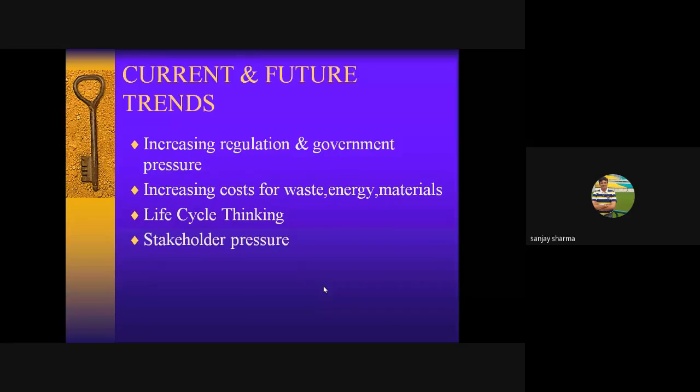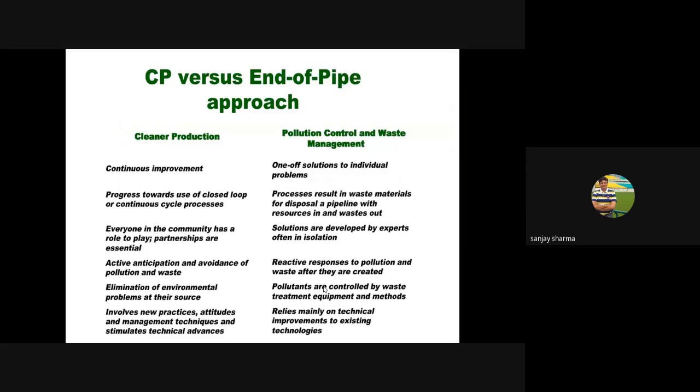Current and future trends: as I said, there is increasing regulation and government pressure, and a lot of pressure on industries. Then there is increasing cost of waste, energy and materials, life cycle thinking, and stakeholder pressures.